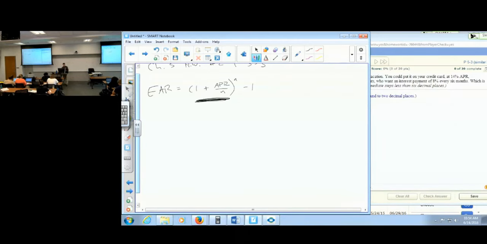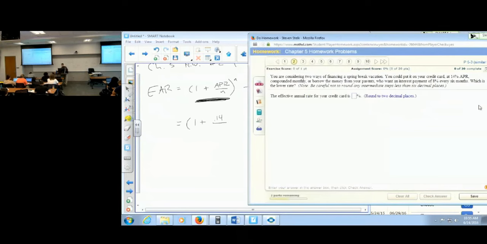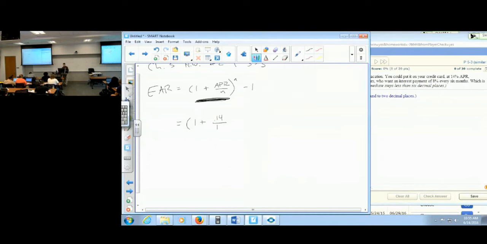So for the credit card, the relevant numbers are 14% APR, so 0.14 as a decimal, divided by m, the number of compounding periods per year. The problem says it's 14% APR compounded monthly. 12 months in a year, so there are 12 compounding periods per year on the credit card.